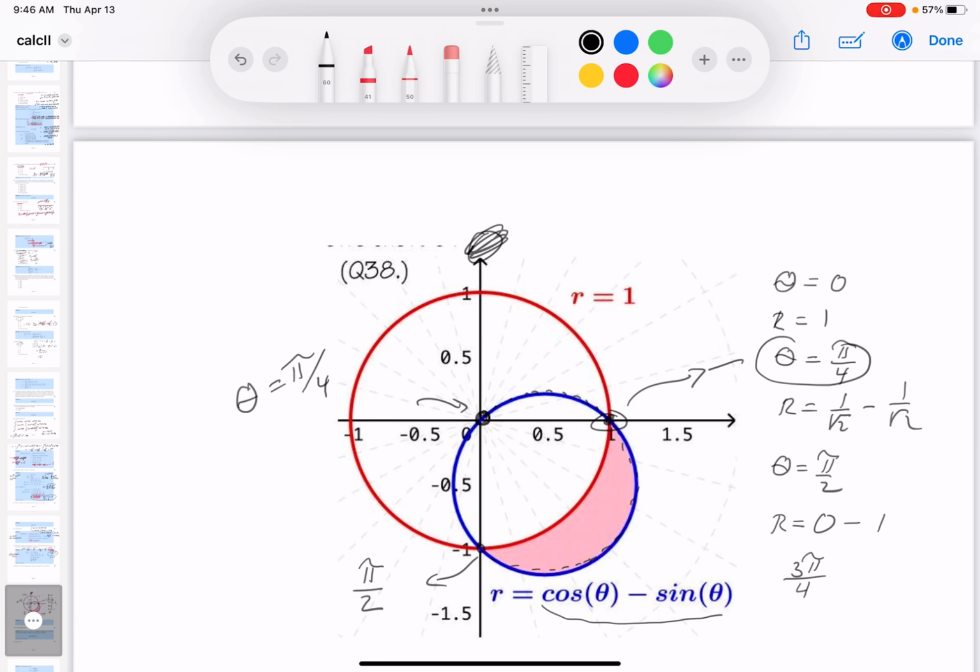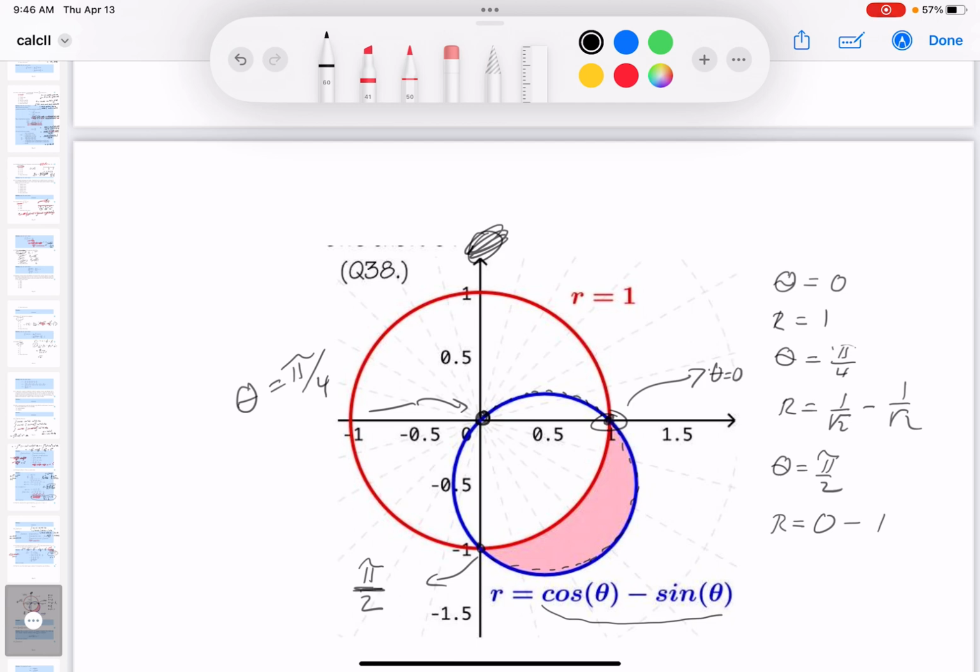No, I'm sorry, that's not right. Let me just see if I'm counting it right. I made another mistake over here. I just noticed it. Let me erase. Good to make mistakes. You have to think about what you just said. So this is where theta equals 0. Sorry about that. This over here is where theta equals pi over 4.